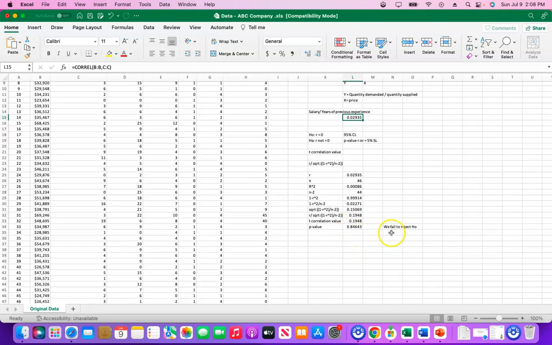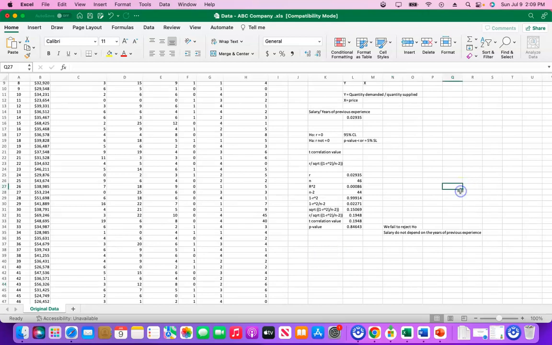In this case, we can say that salary does not depend on the years of experience. So for you to get a job in this company, you don't really need to have experience, because your experience will not determine your salary.